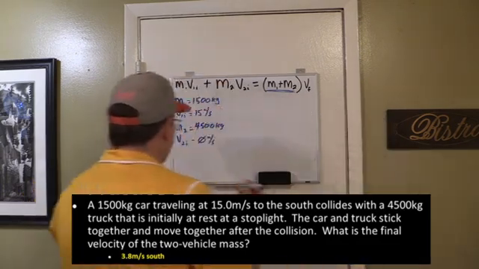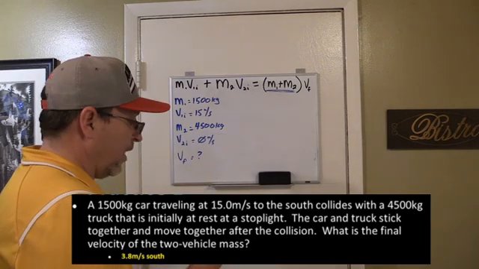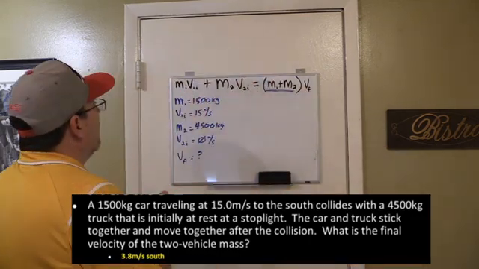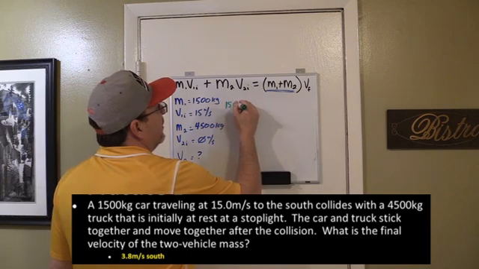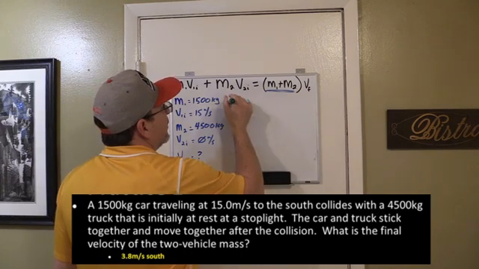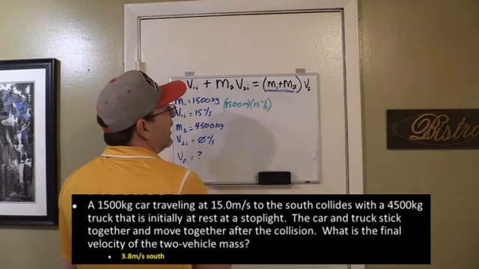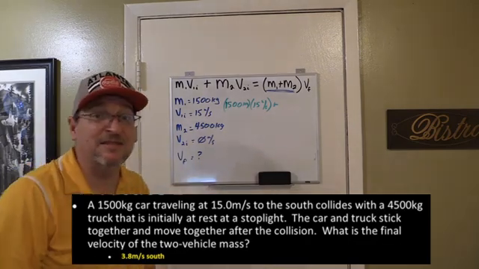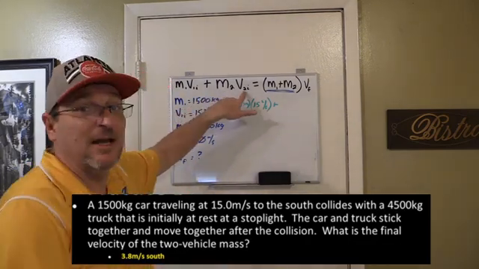All right. So I need to find velocity final. Okay. All right. So let me go ahead and start filling this in. Mass 1, velocity 1. So I have 1,500 kilograms times velocity 1, 15 meters per second, plus, now just because of space, I'm going to go ahead and just do this out real quick, because it says it's at rest.